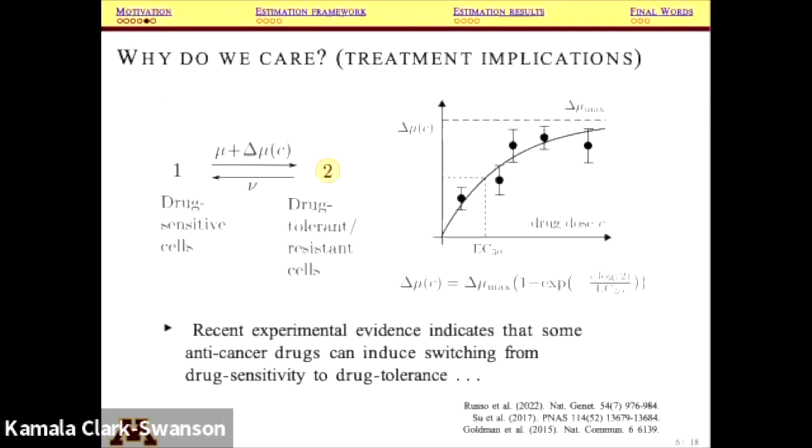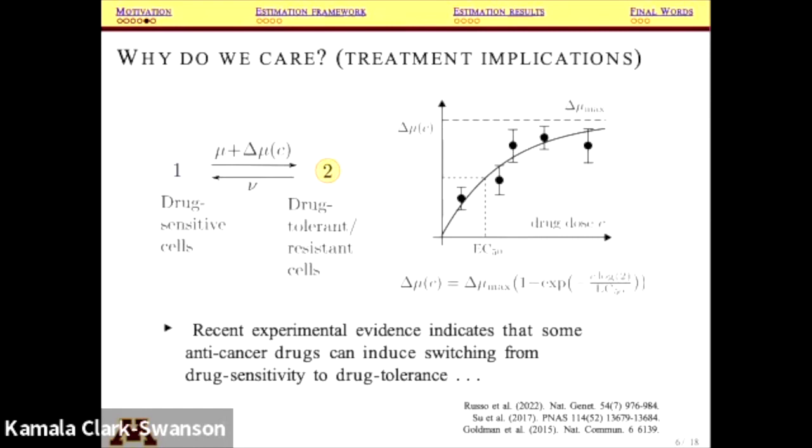But just in case you're not convinced that this is a worthy question to consider, I want to talk very briefly about how this kind of estimation framework can be useful in the context of treatment. Many recent experimental works have indicated that anti-cancer agents can actually induce switching from drug-sensitive to drug-tolerant or resistant cell states.